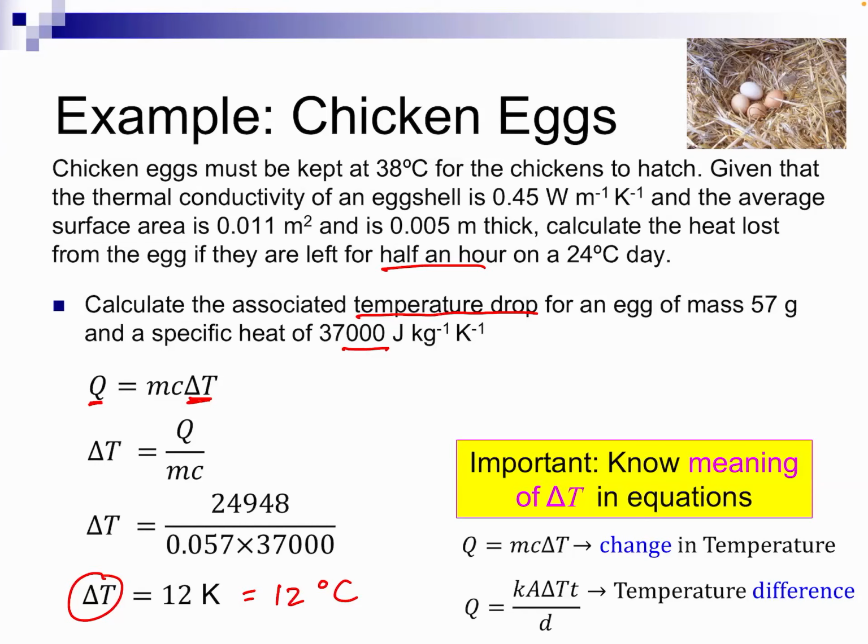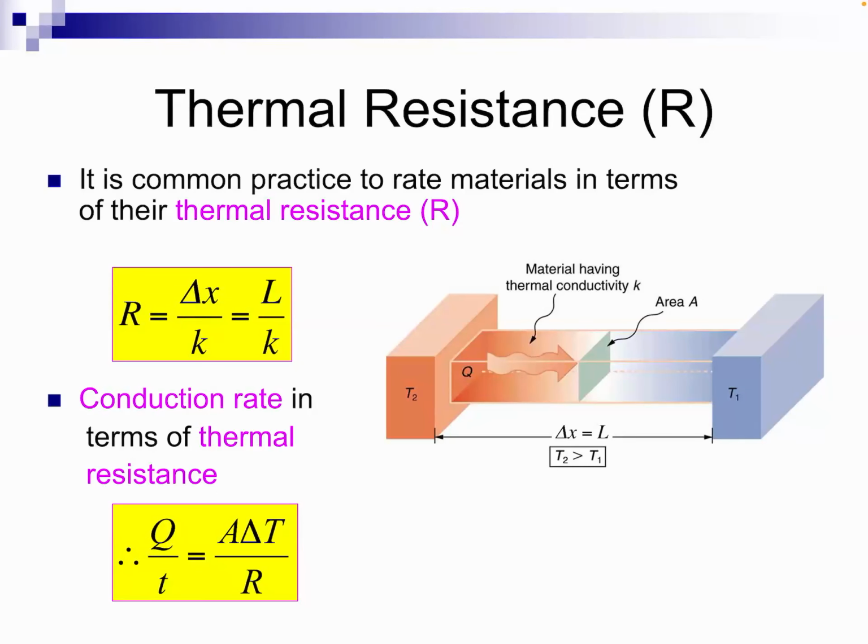All right, so those are the important bits for heat transfer by conduction, but I'll just define what thermal resistance is. Thermal resistance is essentially the inverse of thermal conductivity. So this is thermal conductivity that we've seen earlier. It's just that sometimes in the industry, they refer to thermal resistance more often rather than thermal conductivity.